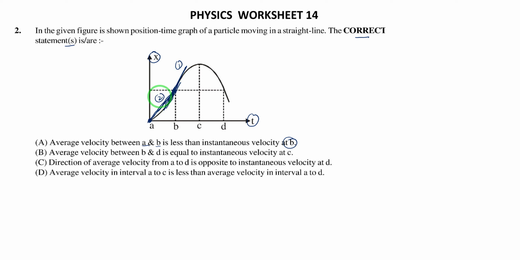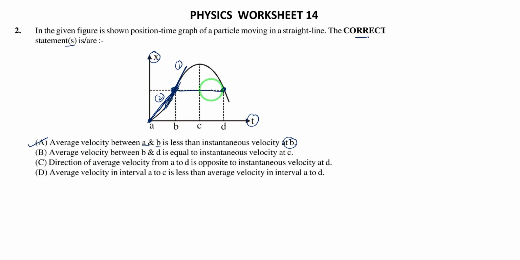And the slope of an x-t graph is the velocity. So this first statement is true. At B, the velocity is more than the average velocity between A and B. Okay, so this is a correct statement. Coming to the B part, average velocity between B and D. B is here and D is here.